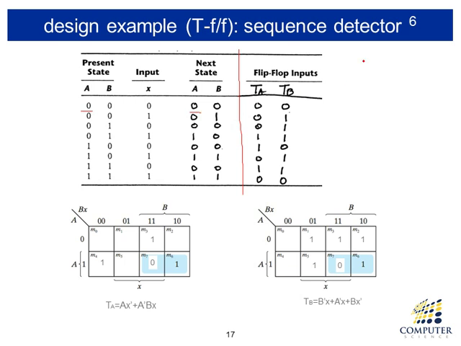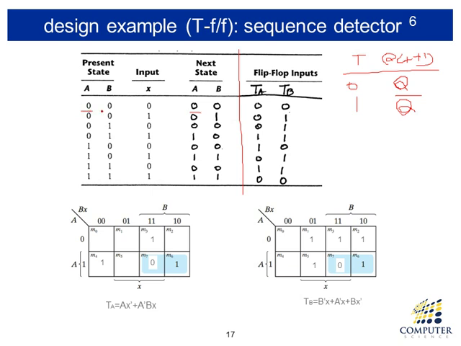Then the behavior of the T flip-flop: when the input to T is 0, the output of the T flip-flop on the next clock remains unchanged. If the T input is 1, then on the next clock tick, the output of the flip-flop is complemented. That's why we call it a toggle flip-flop.